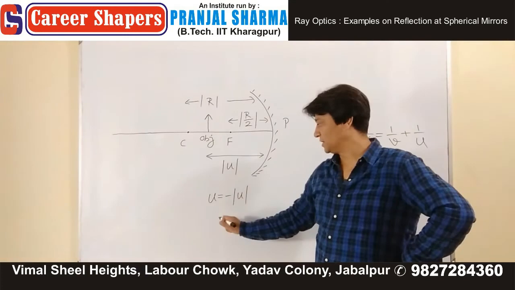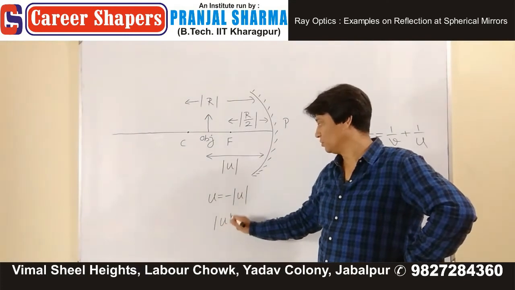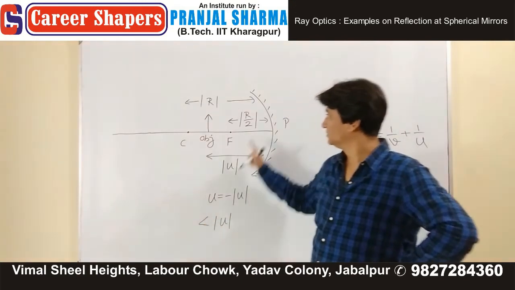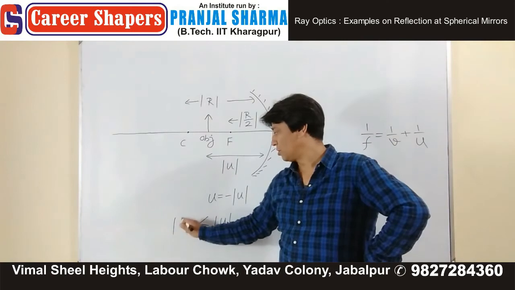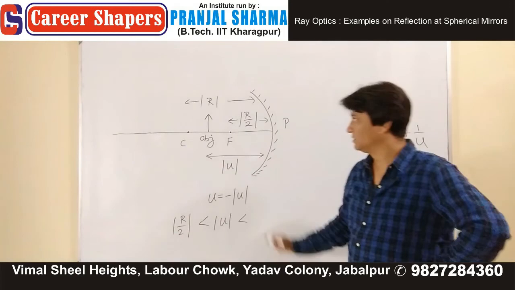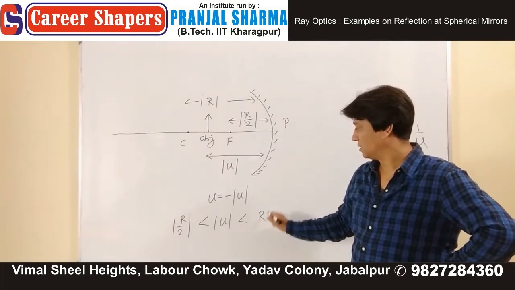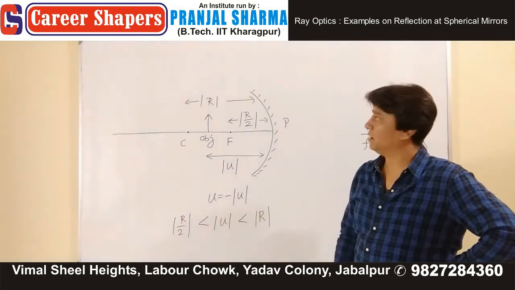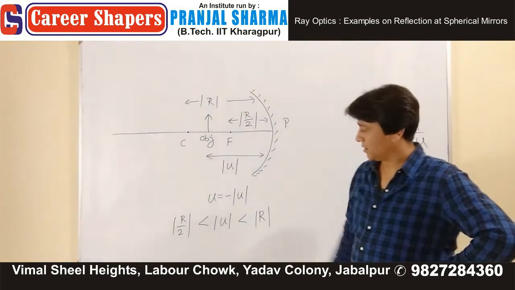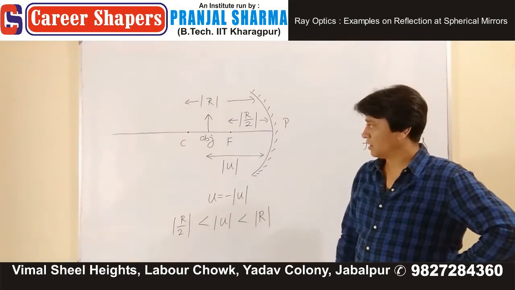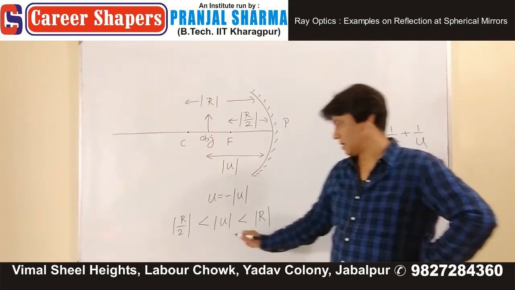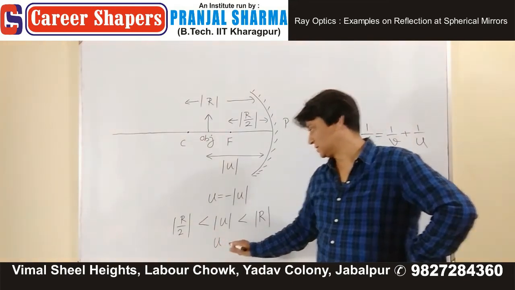So what the setup says is something like this: mod of u is greater than mod of R by 2 but is less than mod of R. And now tell me, is this also correct?